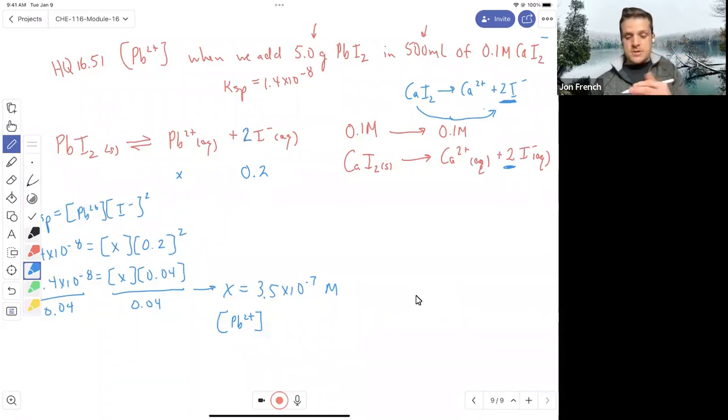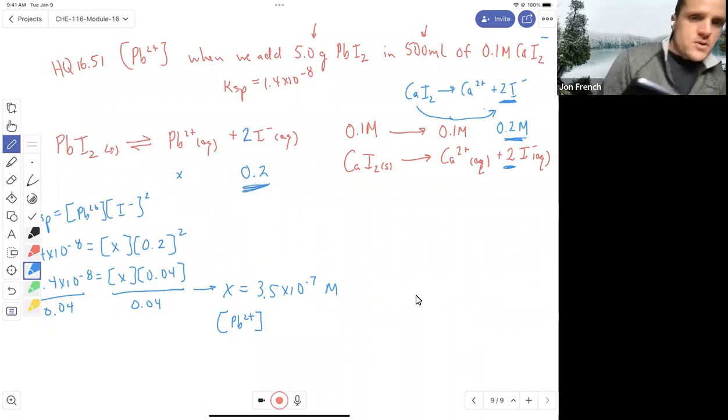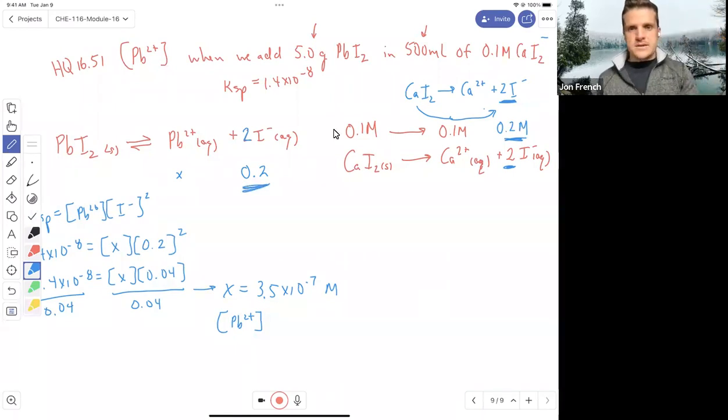So if 0.1 molar goes into solution, I'm going to have 0.1 molar calcium and 0.2 molar iodine, because for every 1 calcium iodide that breaks down, it gives us 2 separate iodines. So twice the concentration of iodine. And that's why I can plug in the 0.2 there, because the stoichiometry of the calcium iodide tells us that.